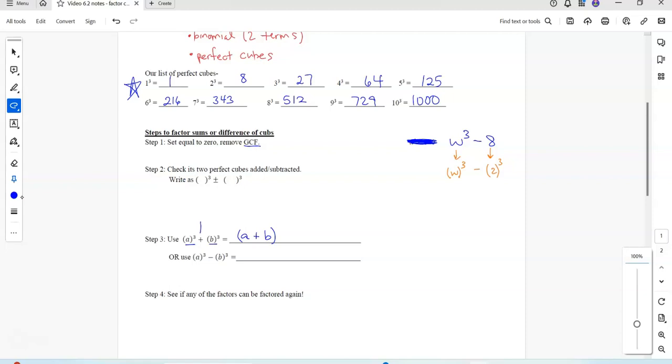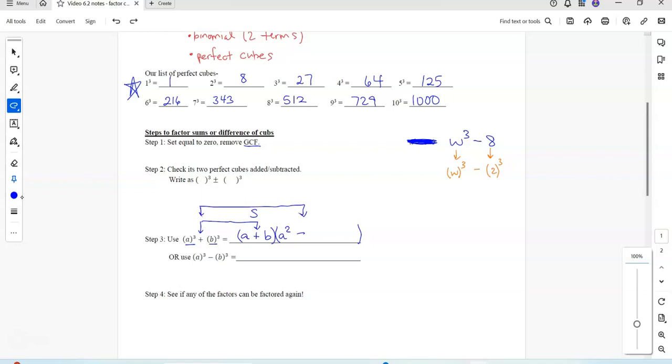Notice that the sign in the original problem is the same sign as the sign in the first factor. Okay. Then we're going to have a slightly longer factor where we're going to take the A and square it. So it goes A squared. Now I need the opposite sign. So if this is a plus, this sign will be the opposite.